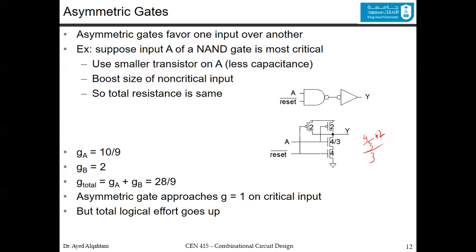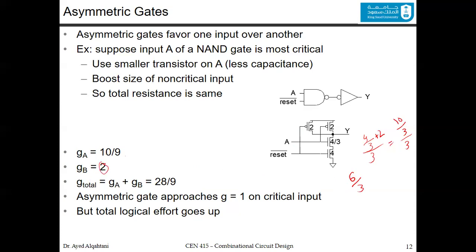You need to calculate the addition here, so it's going to be 10/3 divided by 3. So this is the logical effort of A. The logical effort for B, or actually the second input, which is the reset, is going to be 2 plus 4, which is 6/3. 6/3 is equal to 2.